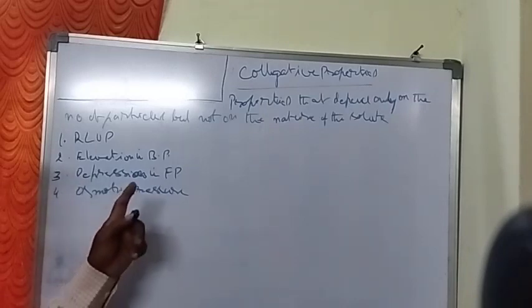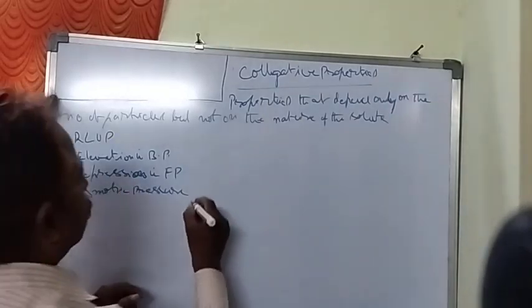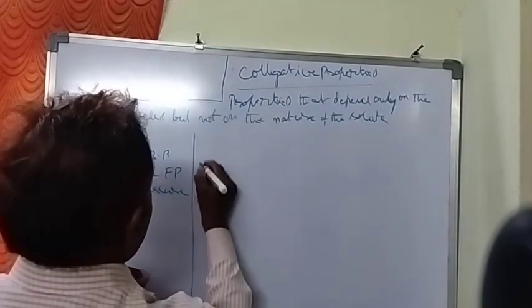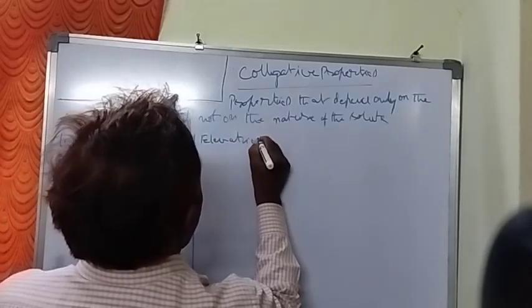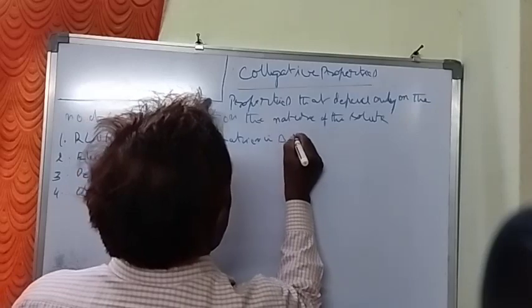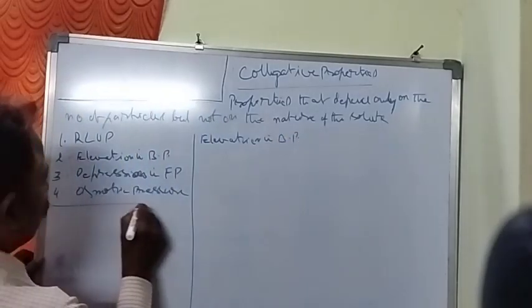Now let us discuss the elevation in boiling point. What is meant by boiling point? Boiling point is the temperature of a pure liquid where the vapor pressure becomes equal to atmospheric pressure.